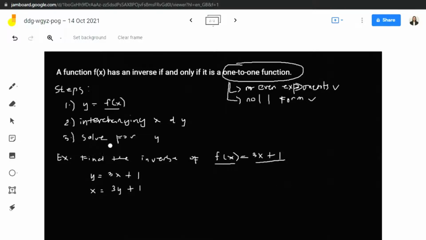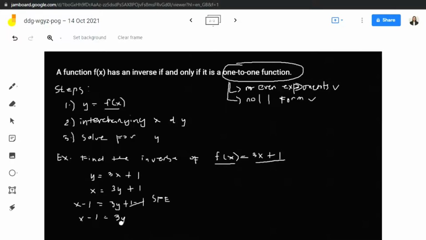Take note that our third step is to solve for y. So we'll be using the subtraction property of equality. We subtract 1 from both sides to eradicate 1 in here. So we have x minus 1 equals 3y plus 1 minus 1. This is 0, so we are left with 3y equals x minus 1.